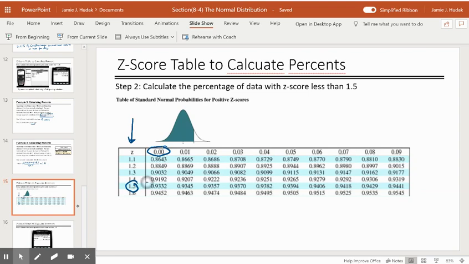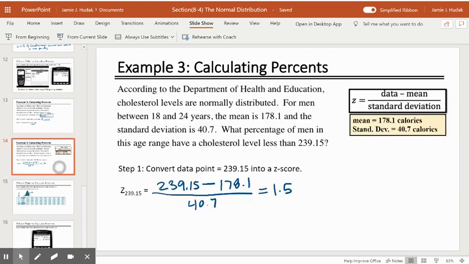And that tells me that for our purposes, this line is z equal to 1.5, and everything to the left of that, less than, is 0.9332. Well, if we go back to our slide, we were interested in less than, so it means to the left.